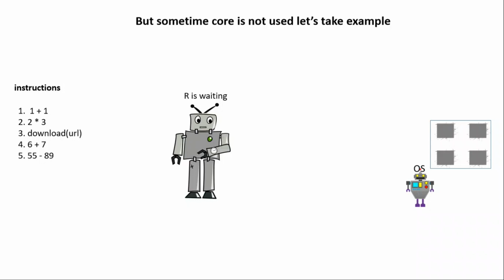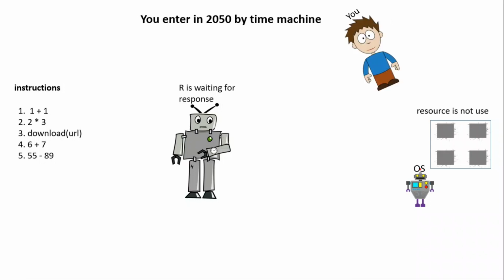Suppose you go to the year 2050 by time machine, and you still see that R is waiting for the response. This is true, a processor can wait forever.